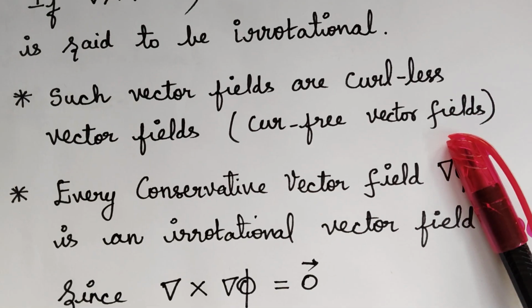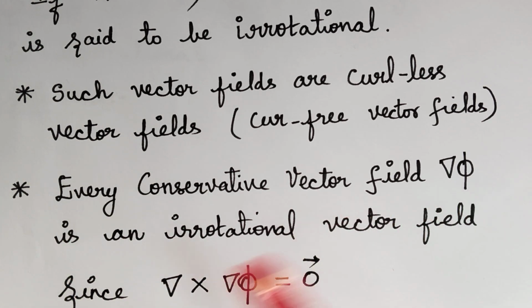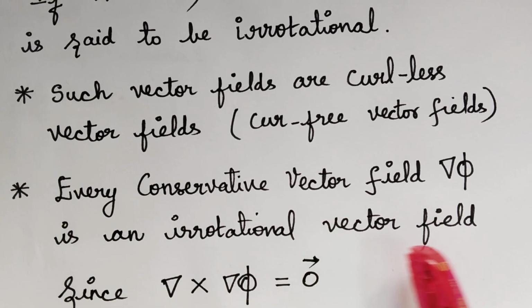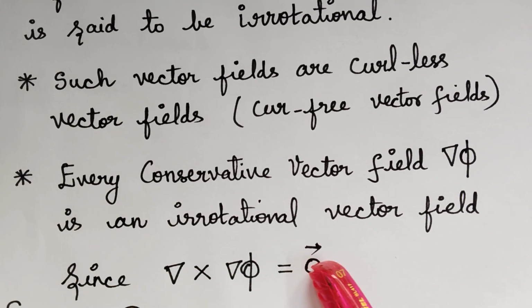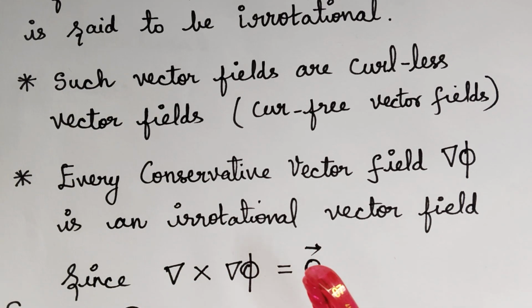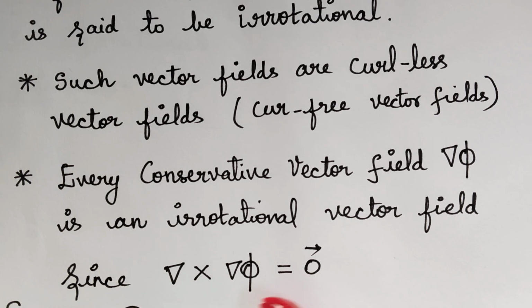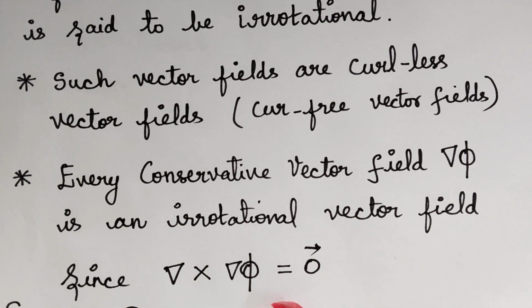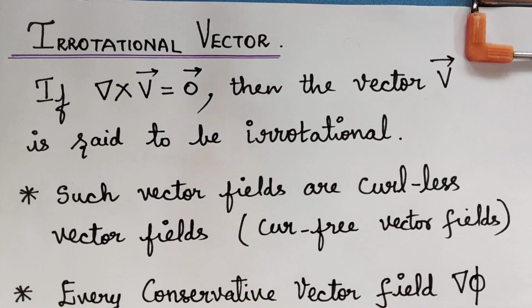And there is a note over here: every conservative vector field nabla phi is an irrotational vector field, since nabla cross nabla phi will be equal to a 0 vector. The explanation of this we will see later. As of now, we will solve problems under irrotational vector.